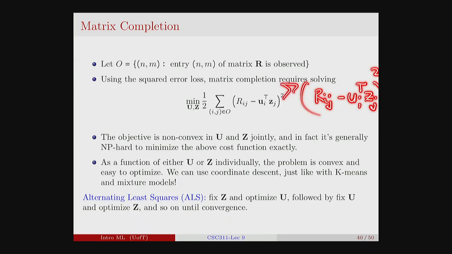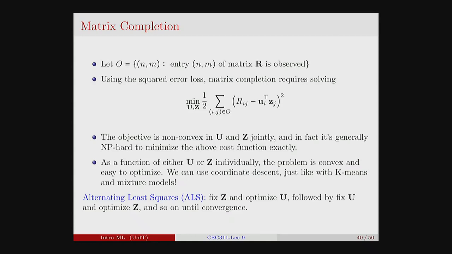And so this is nothing more than the mean squared error for a regression problem, where if we swap out the R_ij with t_i, and we swap out the u_i with w transpose, and we swap out the z_j with x_i, it starts to really look like a regression problem. And we know that we can solve regression problems very easily because regression problems, when posed with the mean squared error, are convex optimization problems. And so we can find the global solution for that problem.